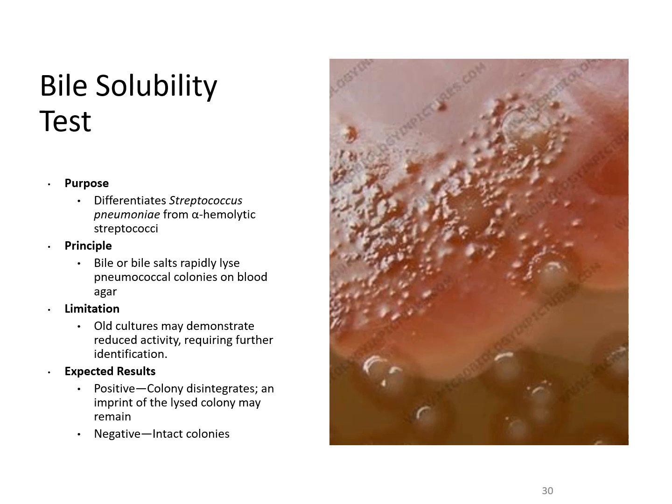Bile solubility is used for your Strep pneumoniae. If you suspect that you have an alpha hemolytic streptococci and you want to determine if the colony itself is lysed by the bile or the bile salts, then you would add a small drop to the agar plate.